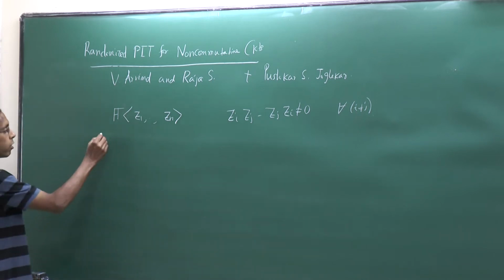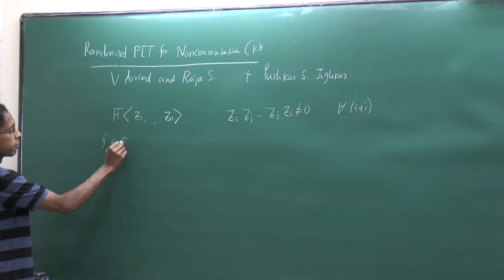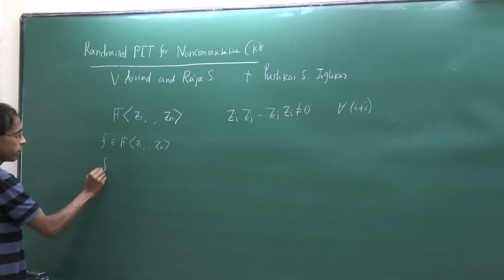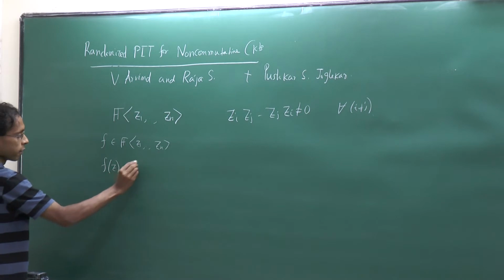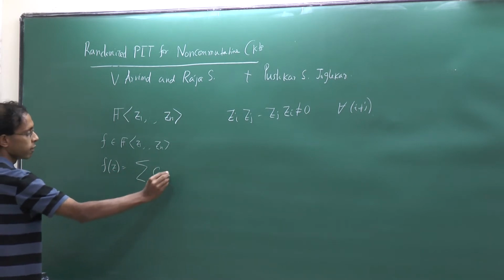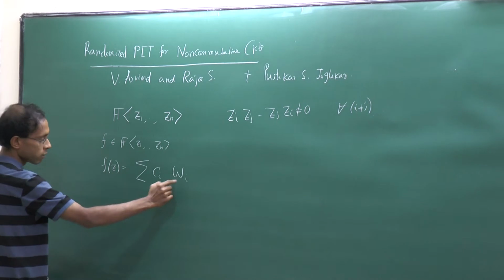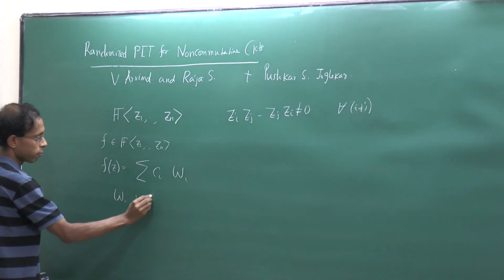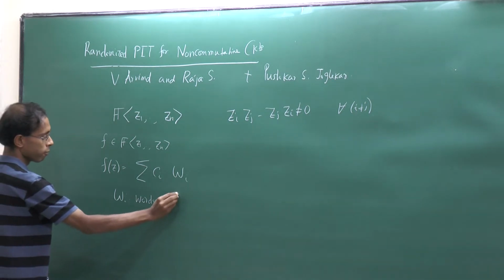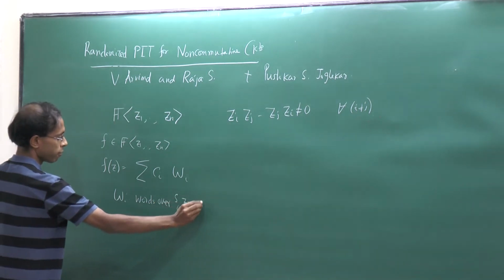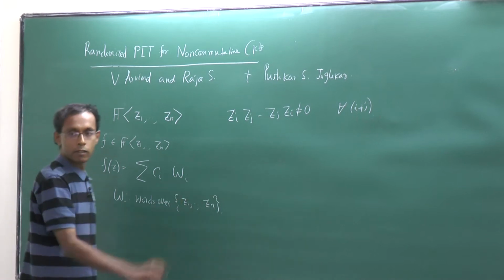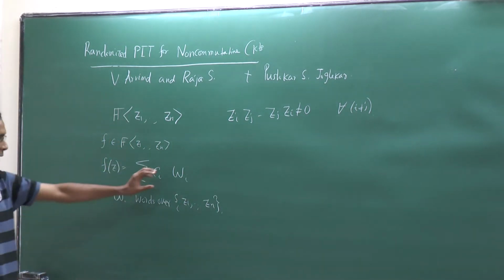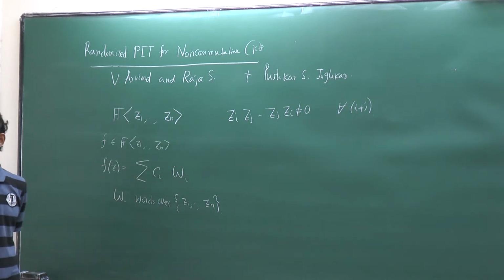So when you write a polynomial here, you simply mean a scalar combination of some words. These wi's are words over z1 to zn. And the degree of the polynomial is naturally the maximum length of a word occurring in the polynomial.